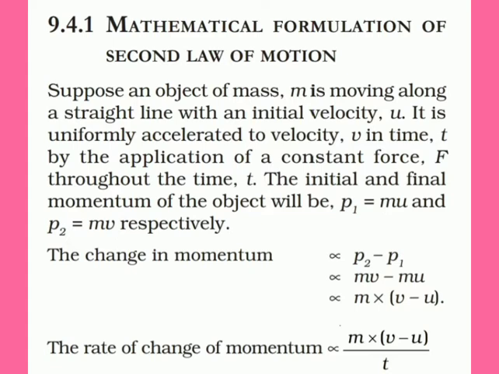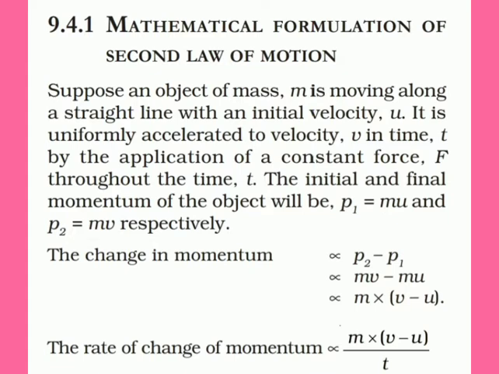The initial and final momentum of the object will be p1 equal to mu and p2 equal to mv respectively. The change in momentum is proportional to p2 minus p1. p2 is equal to mv and p1 equal to mu. Then it is equal to mv minus mu, that is, m times (v minus u).